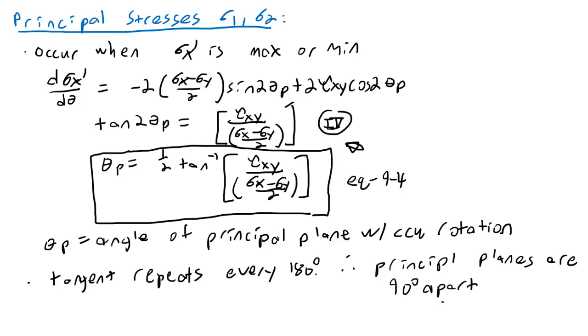So this repeats every 180, but we have the 2 theta p, and also we have the max or min. So the principal planes occur every 90 degrees.